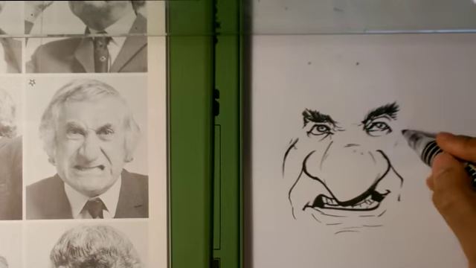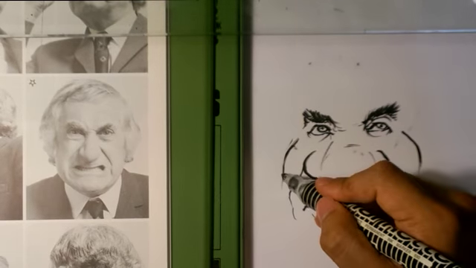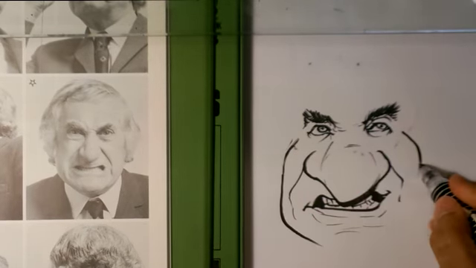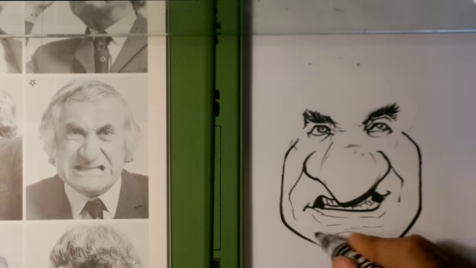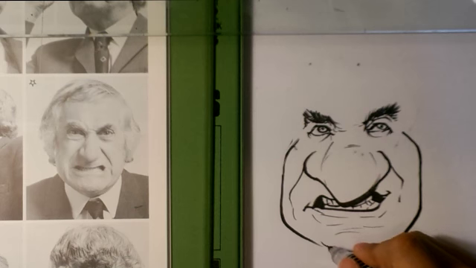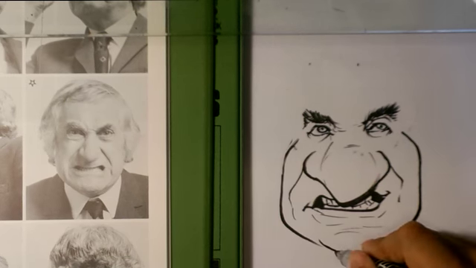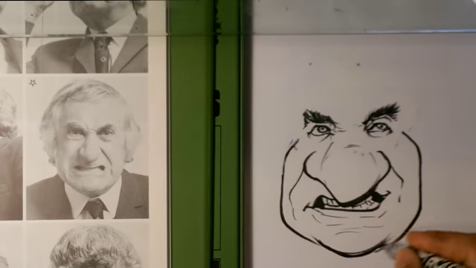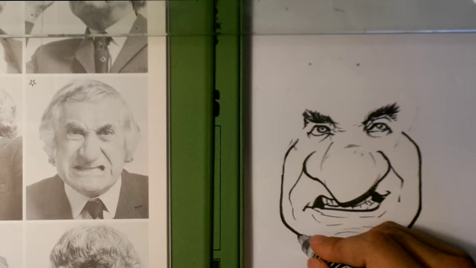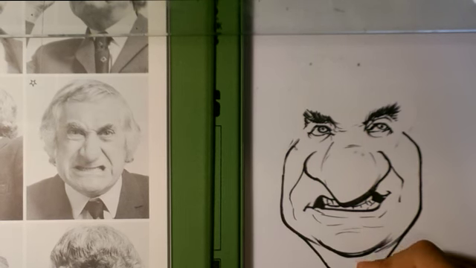I gotta not draw it too thick for this guy. He doesn't have like a massive chin, so it's pretty small. You can draw one dominant line, and then you draw secondary lines. And I'm gonna connect that to his suit.